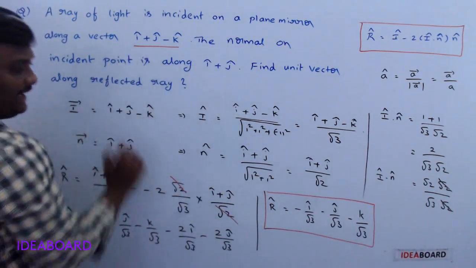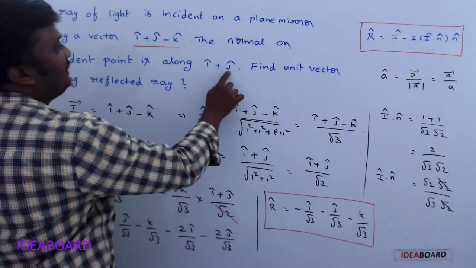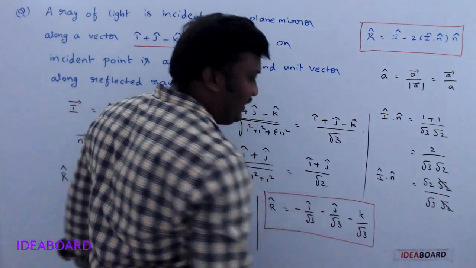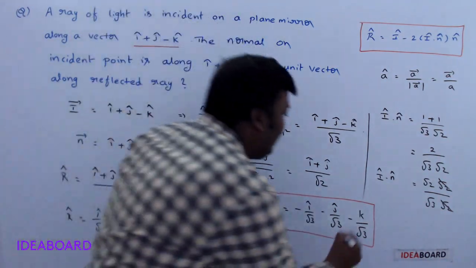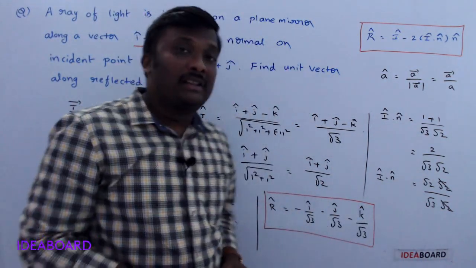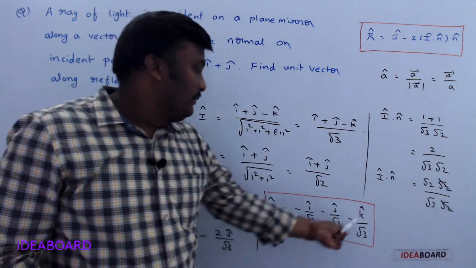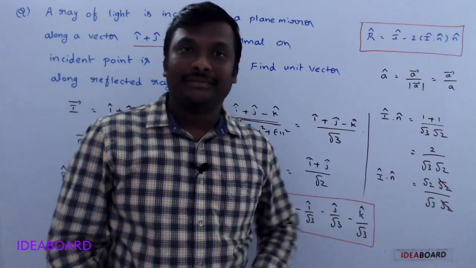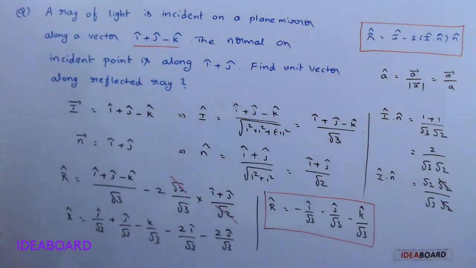Means i cap can be written as minus i, j cap can be written as minus j. k does not change, here also k does not change. Understand? This is r cap. That's why you can get the values, 1 by root 3 is there. Clear? Please note it down.